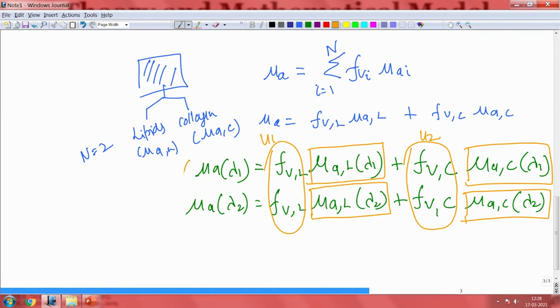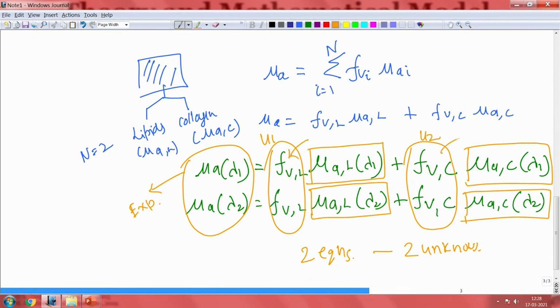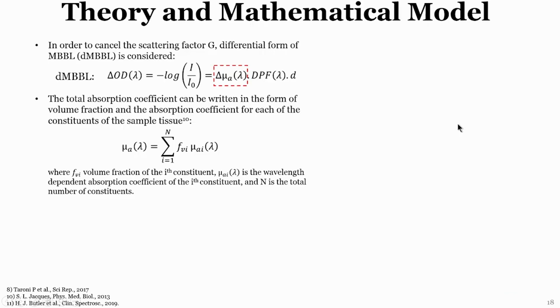So this is what we are going to get from the experiments, and we are going to put it inside this equation. We have two equations and two unknowns, so we can quantify the volume fraction for the lipid and collagen. Make sense? Eventually this is what we are going to do in our next formulation.